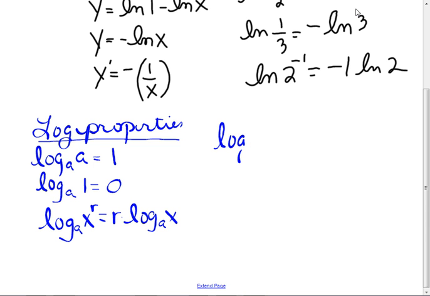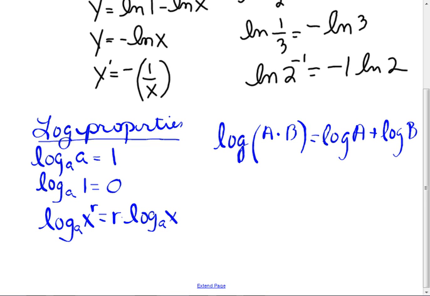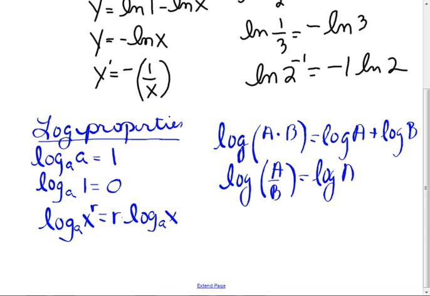The log of A times B is the log of A plus the log of B. The log of A divided by B, you can't do anything with it.